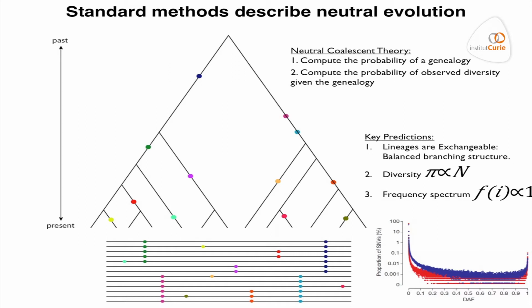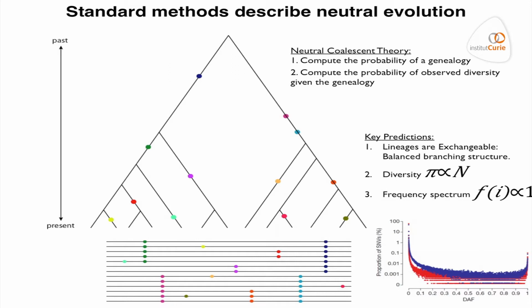And we can compute the probability of any particular genealogy. This long-standing theory lets us compute this probability assuming that there is no selection going on. For those of you who've heard about it, this is related to the neutral theory of biodiversity. The idea is if there is no selection whatsoever, you can compute the probability of any genealogy.